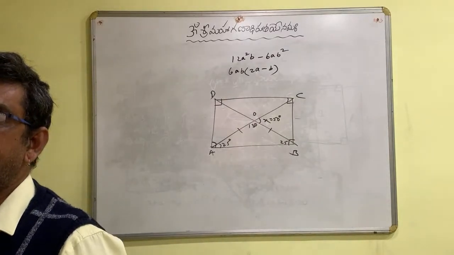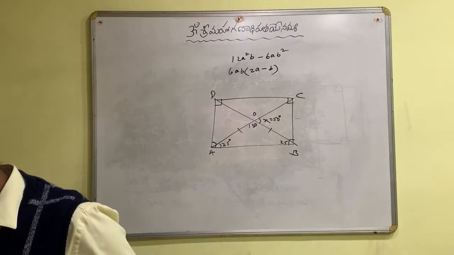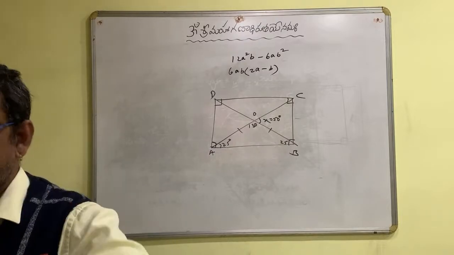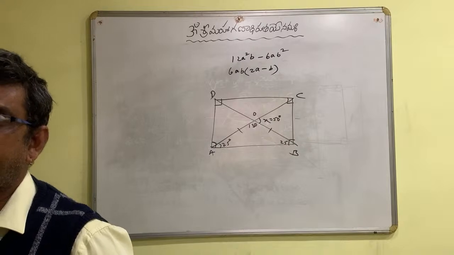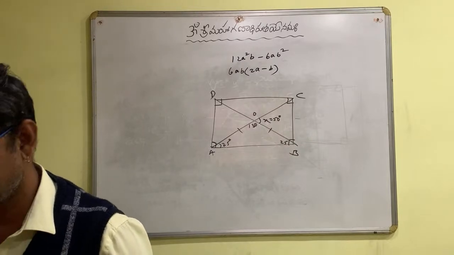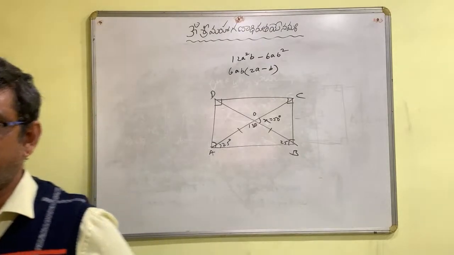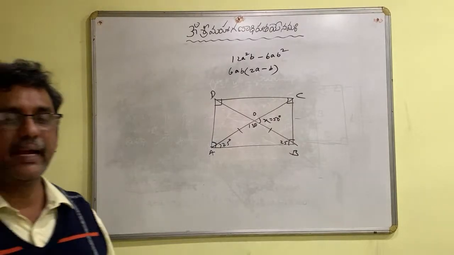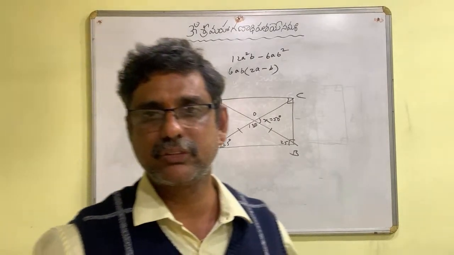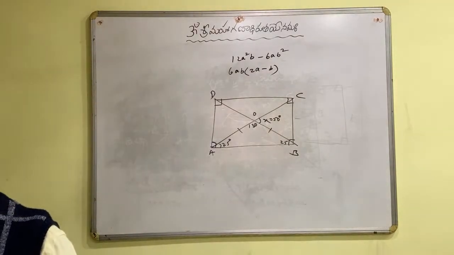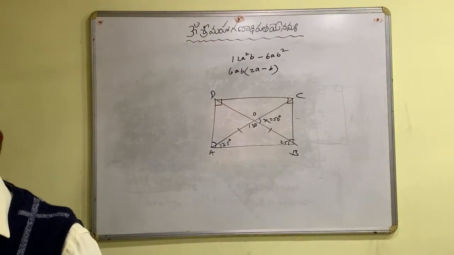Linear equation in 2 variables has infinitely many solutions, not unique. It has infinitely many solutions.